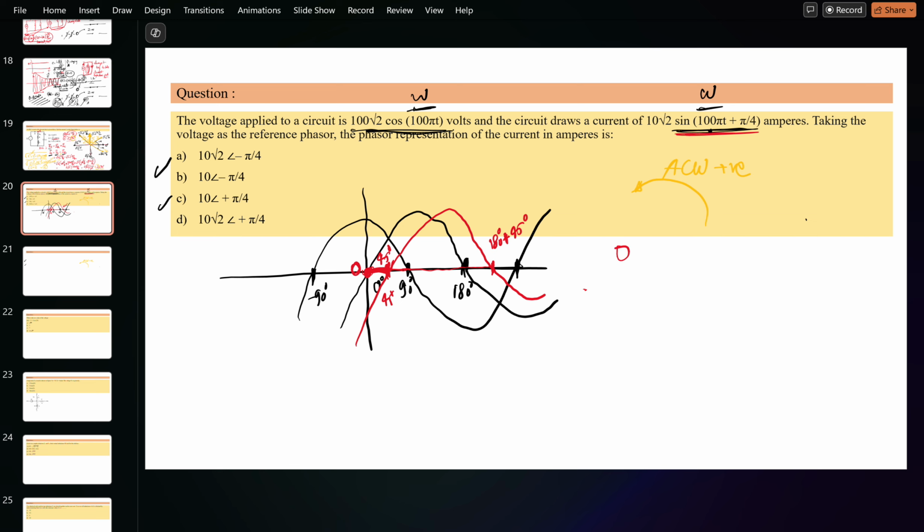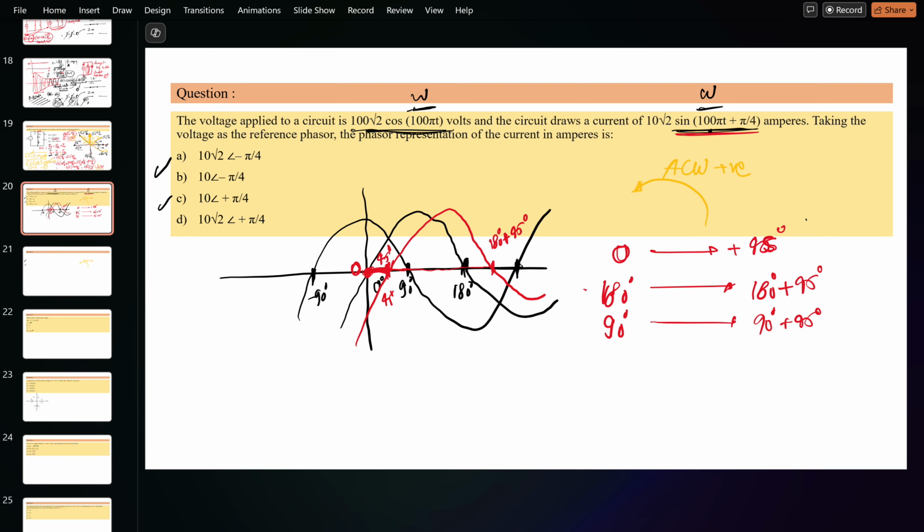The zero reference was shifted by plus 45 degrees. At 180 degrees it will be shifted by 180 plus 45, and at 90 degrees by 90 plus 45. So at each point of time, whatever the angle was initially, it gets shifted by 45 degrees.